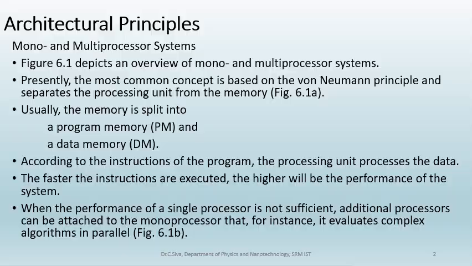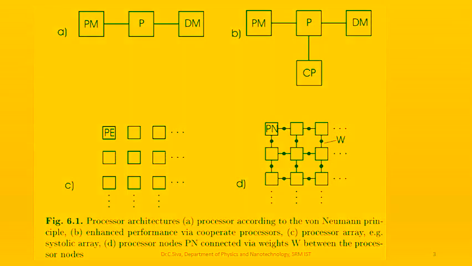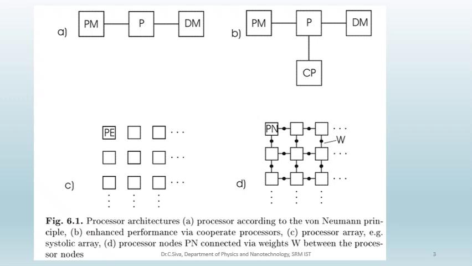Architectural principles, mono and multiprocessor systems. In the coming slide, I have given a figure. You can see the monoprocessor architecture, which is a classical model based on the von Neumann model, where memory and processor are separate.